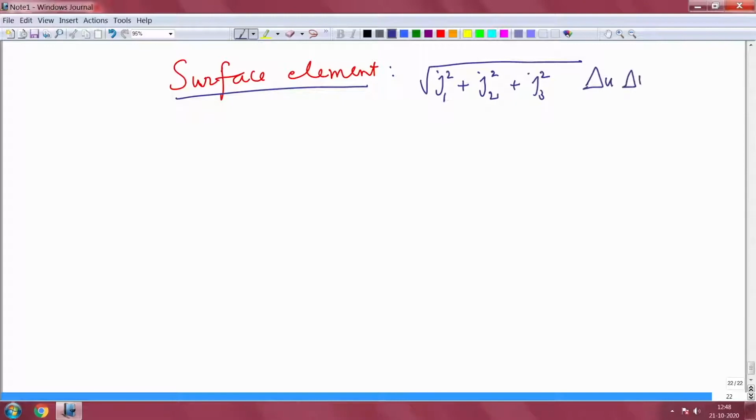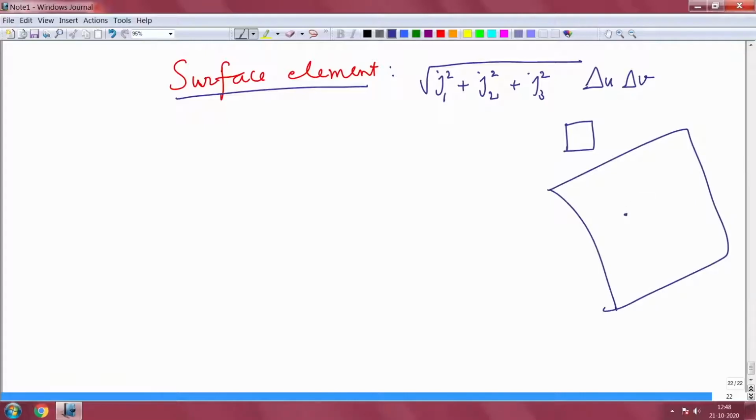The delta u delta v is a small thing. For each point you get a tangent plane, with vectors in the tangent plane. This approximates the area of that tangent plane parallelogram, and you get a tangent element. So, this is the element which we are looking at.